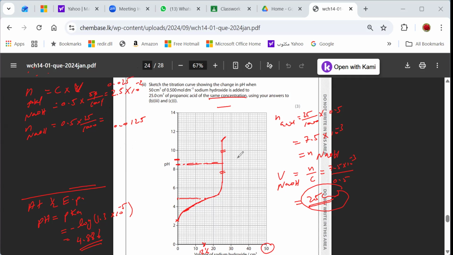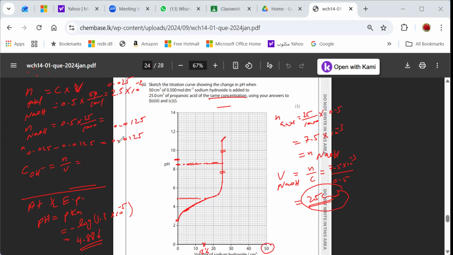So, to find the pH at 50 cm cubed, we subtract 0.025 minus 0.0125. It will be 0.0125. So this is the number of moles after the equivalence point. The concentration of the hydroxide ions after the equivalence point will be equal to the number of moles divided by the total volume.